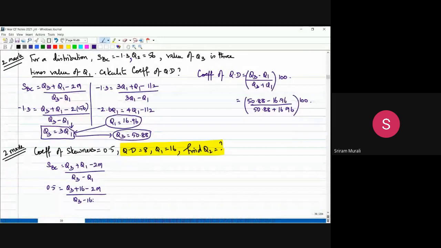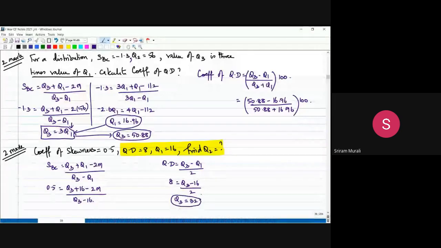What else do we know? Quartile deviation formula is Q3 minus Q1 divided by 2. That is 8 is equal to (Q3 minus 16) by 2. So Q3 is equal to 32.